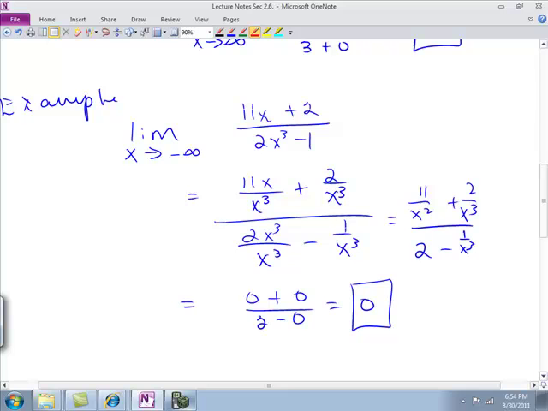As we approach negative infinity, it's the same way. We're just going that way on the x. 11x plus 2 over 2x cubed minus 1. So we're going to divide by what? x cubed. So I did that on every piece.